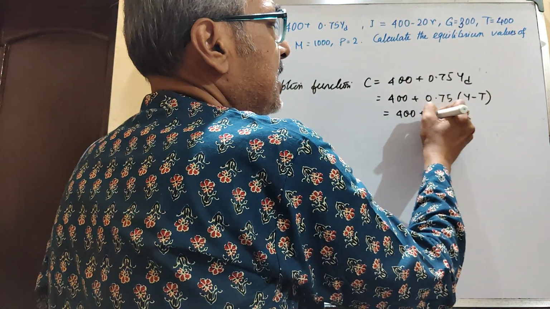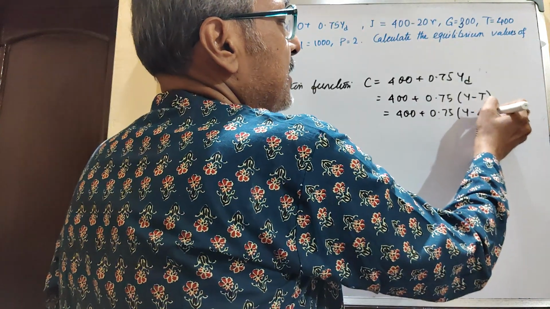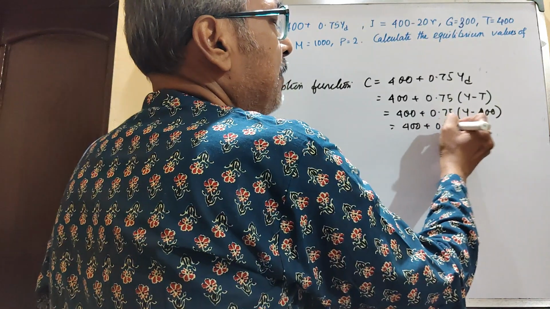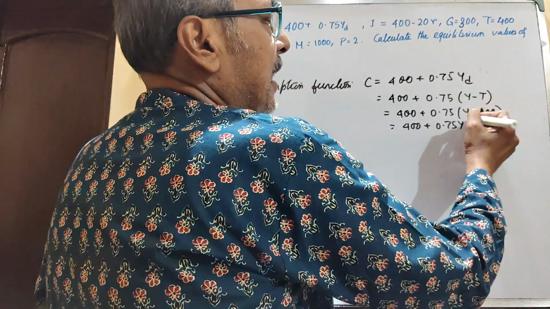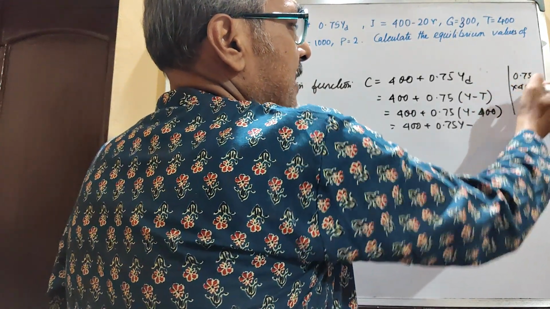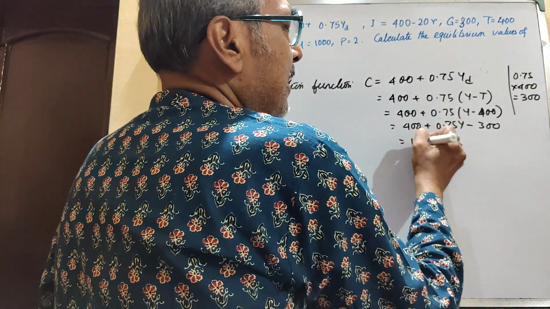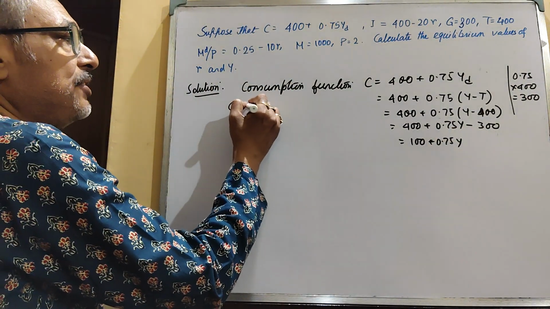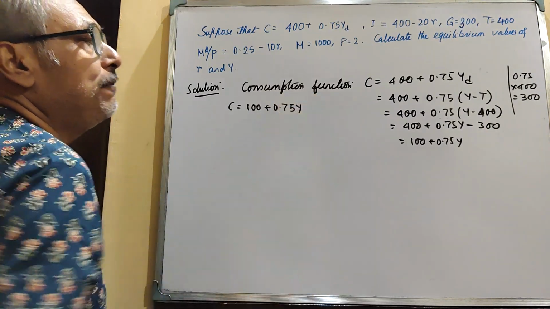Therefore, this is 400 plus 0.75 times (Y minus 400). After solving, we get 400 plus 0.75Y minus 0.75 into 400, and 0.75 into 400 becomes 300. Therefore, this is 100 plus 0.75Y.